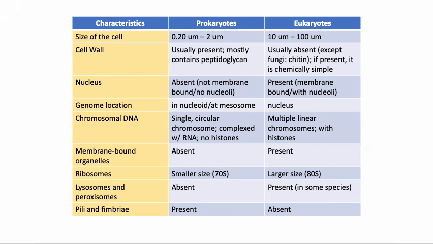Now, some of the special appendages or parts of the prokaryotes are your pili and fimbriae, which are present in almost some of your bacteria or prokaryotes. The function of these parts of the prokaryotes will be mentioned later.